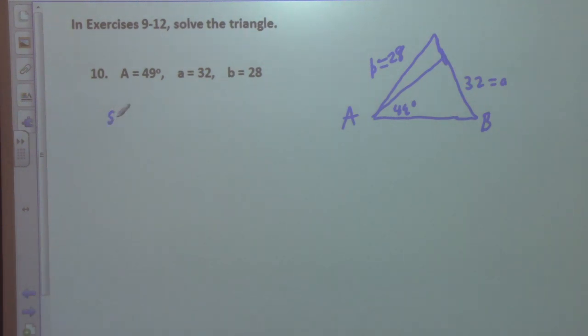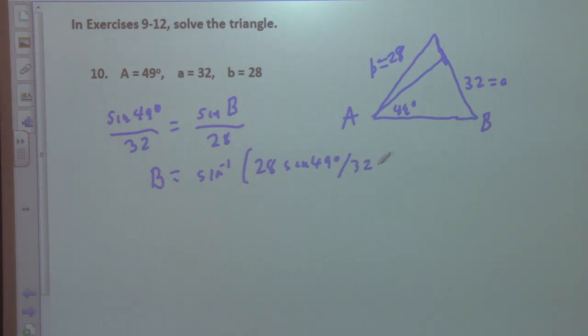Sine 49 over 32 is equal to sine of B over 28. And then on the calculator, b is equal to inverse sine of 28 times sine 49 degrees over 32.